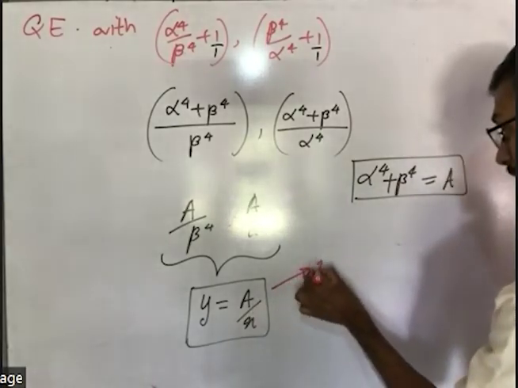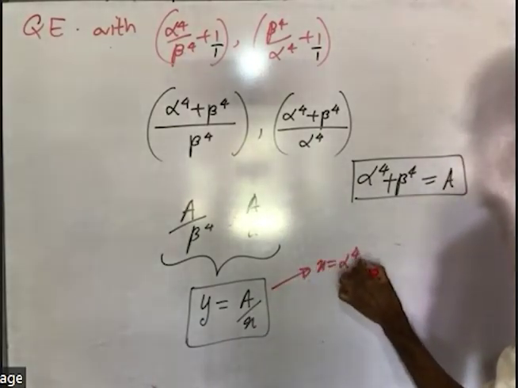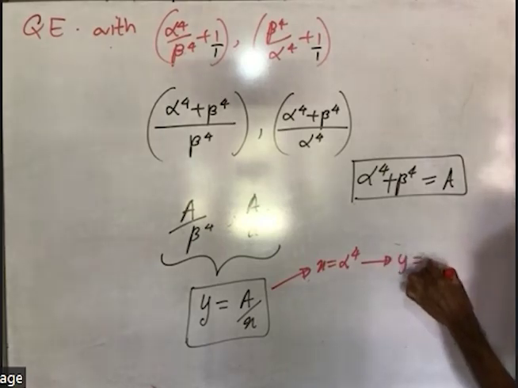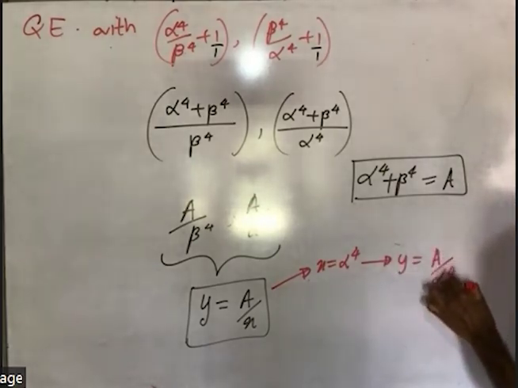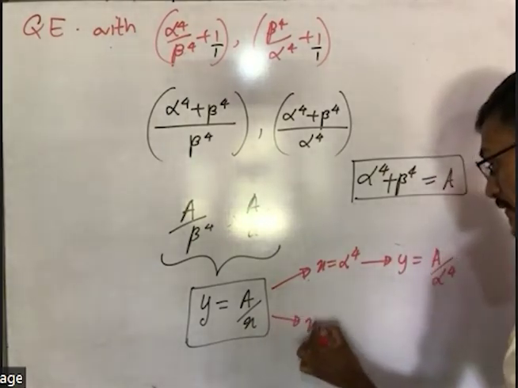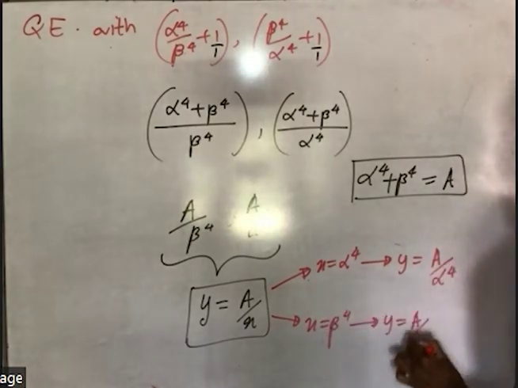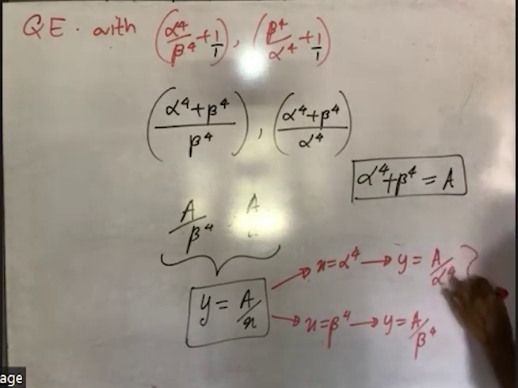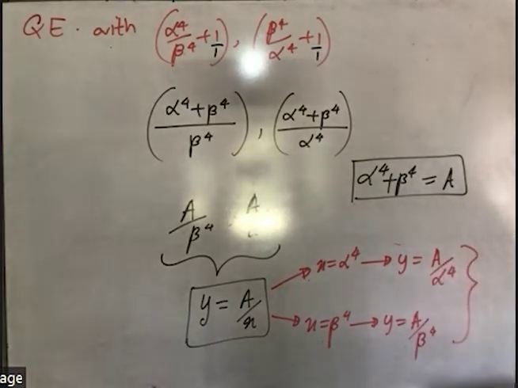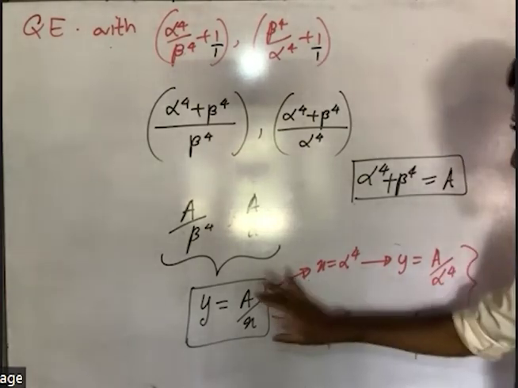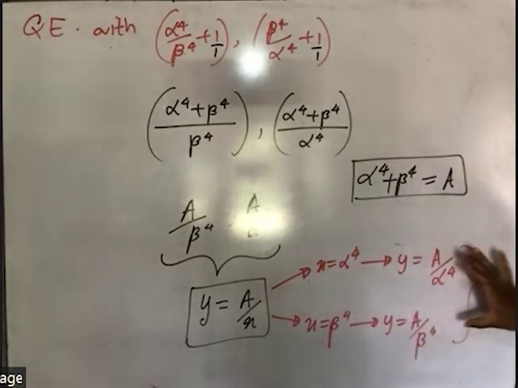When x equal to alpha to the power 4, you will get y equal to a over alpha to the power 4. When x equal to beta to the power 4, you will get y equal to a over beta to the power 4. So these are the roots we want, right? So from this algebraic expression, you can get the roots we want.